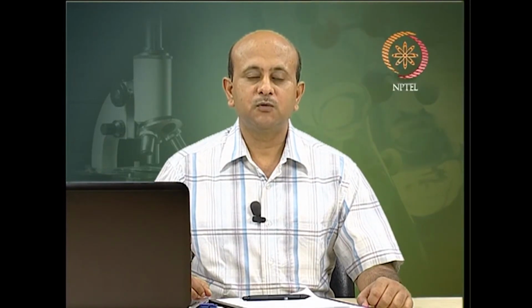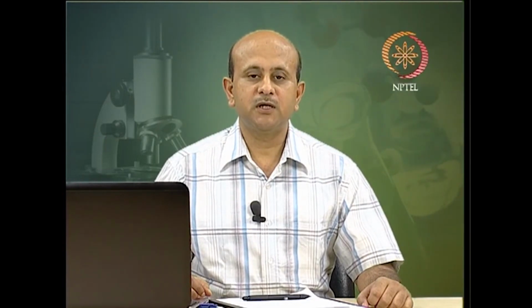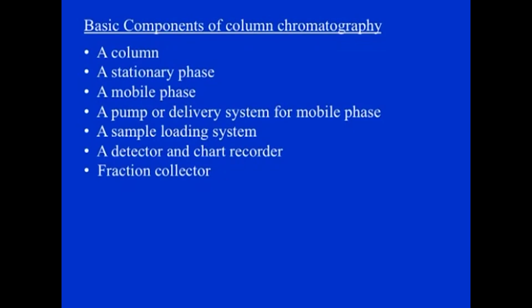For low pressure chromatographic systems, you can load the samples manually also, but for advanced systems there has to be an injector system attached to the apparatus. Then finally, a detector and chart recorder.